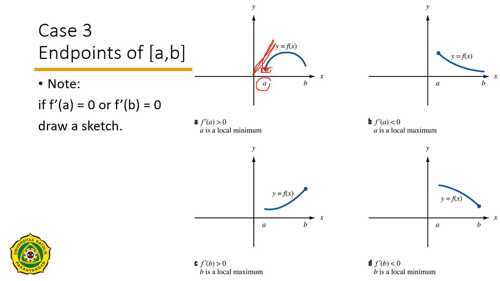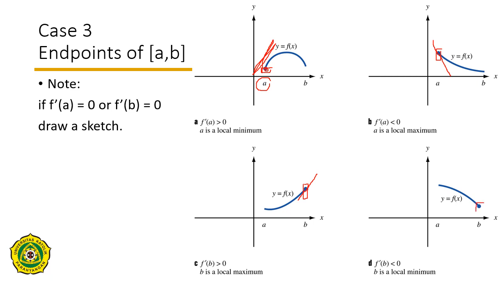However, if the gradient is negative, it means that the slope is decreasing, so this point must be a local maximum. Similarly for point B, if the gradient or first derivative is positive, it is a local maximum.